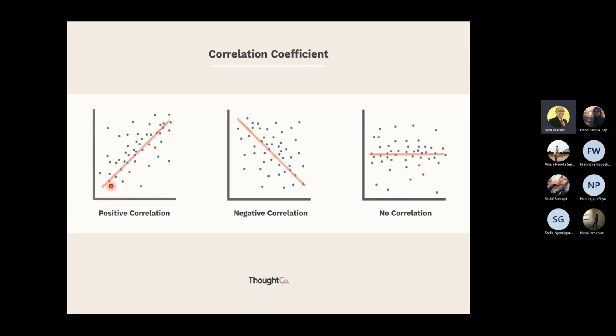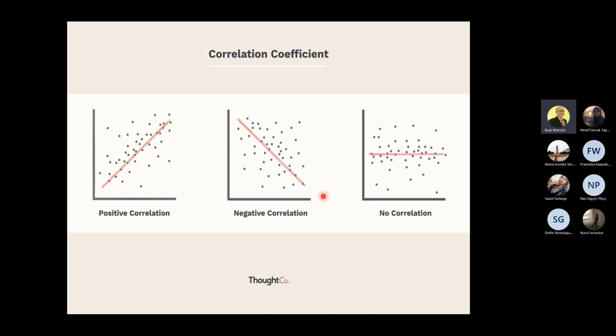Okay, so the correlation coefficient from figure number 1, the left side figure, is close to 1, because there is a strong and positive relationship between the two variables.